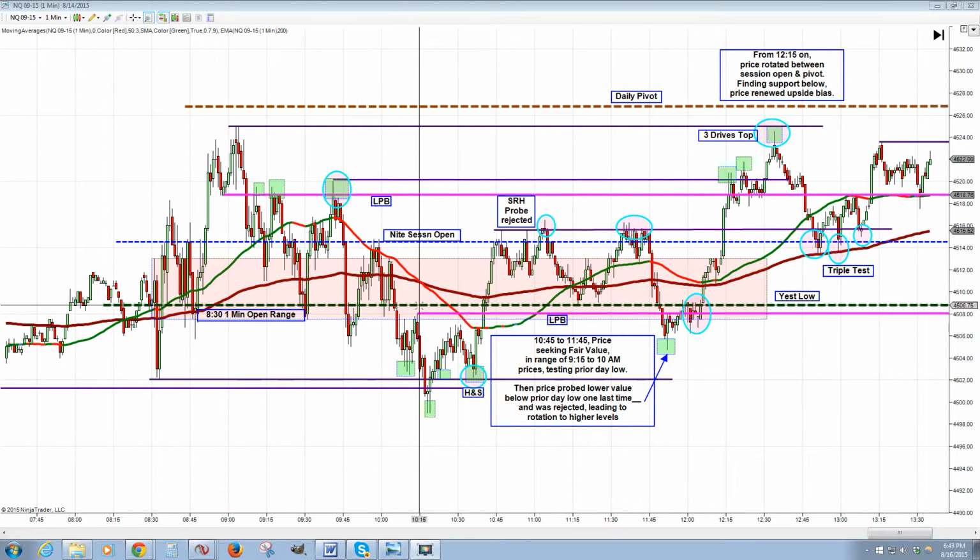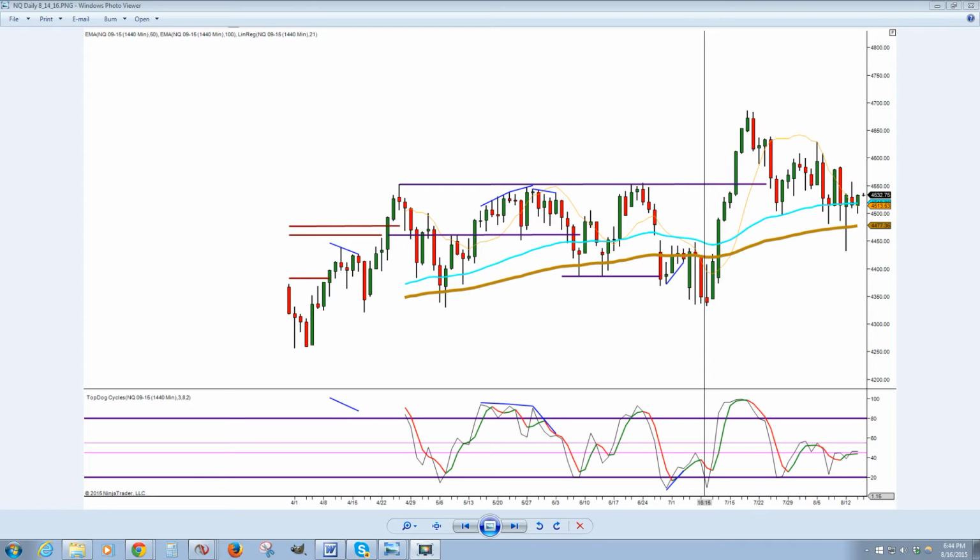Now let's look at what it looks like on a daily chart. So I've got the daily chart that we were looking at in Friday's trading, and what you had was a low here from Thursday's trading on this bar.